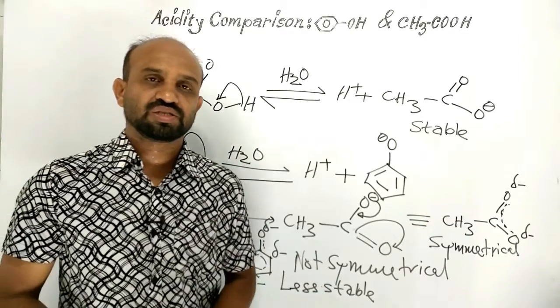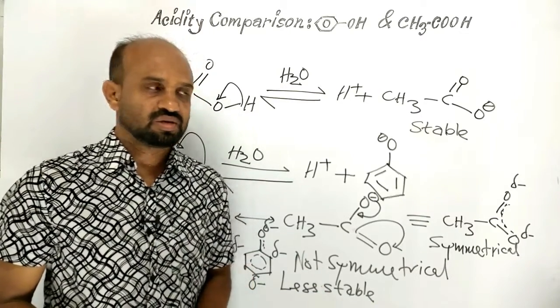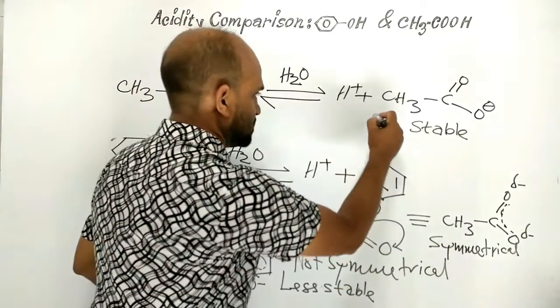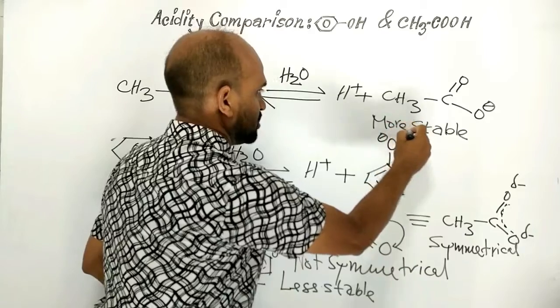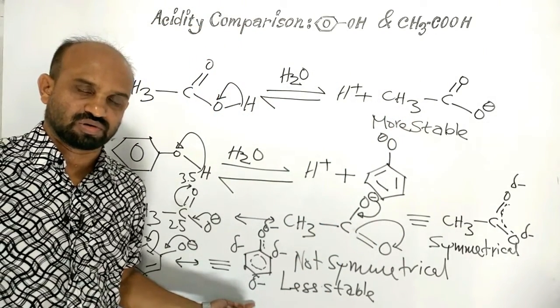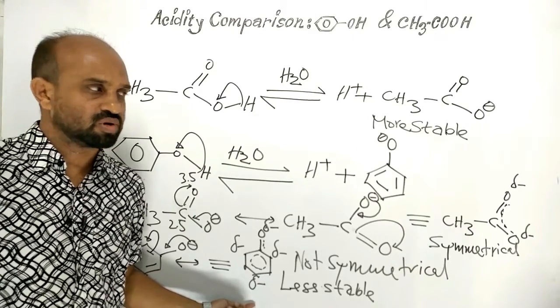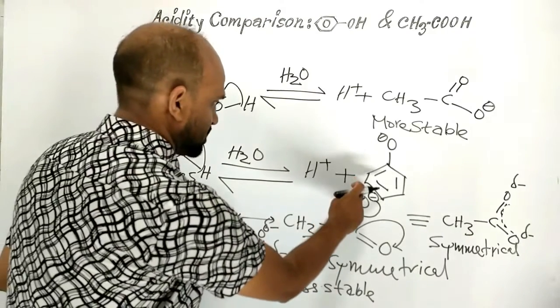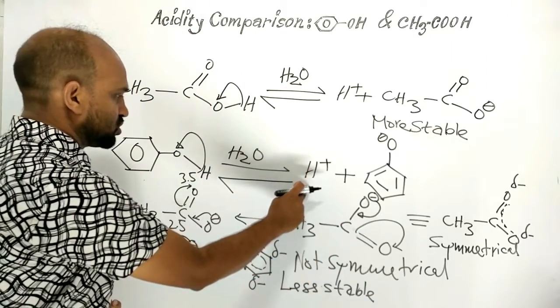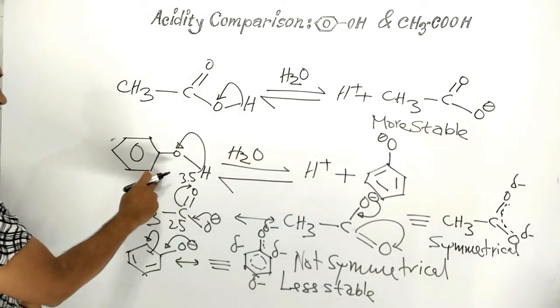Because of the difference in symmetry, the acetate ion is a stable ion, or this is more stable, and the phenoxide ion is less stable. As this is less stable, the phenoxide ion has a tendency to combine with a proton to form phenol again.